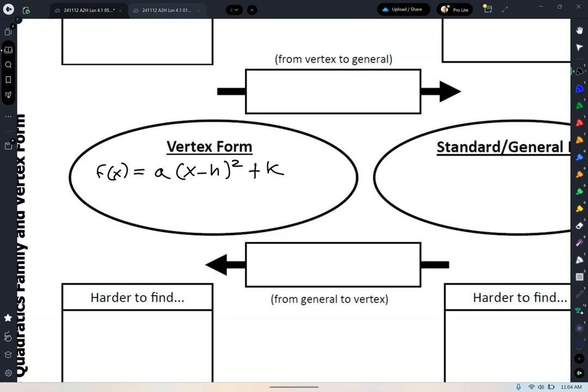That should look familiar. What is that? Transformed quadratic. Thank you, Luch. That's exactly right. That's the transformed quadratic function. Okay? So we're going to have that format.